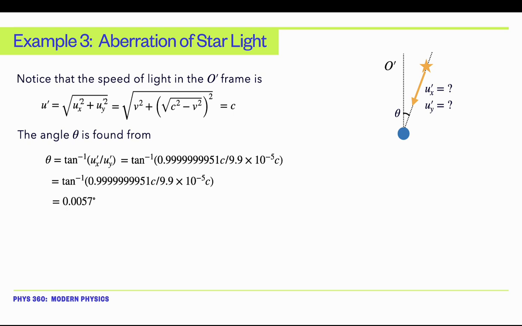And that works out to be 0.0057 degrees. If we convert that to arc seconds, where 1 degree is equal to 3,600 arc seconds, a very small unit of angular measure that astronomers use, it turns out to be 20 arc seconds.